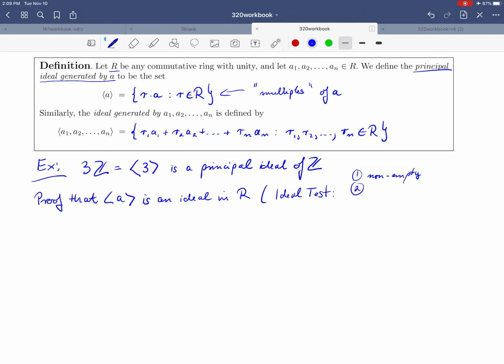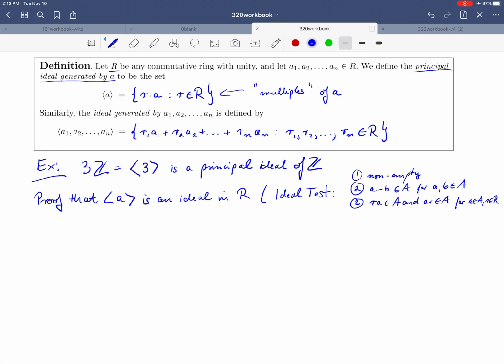The second one was that for A, B in the ideal, A minus B is in the ideal. And then the third one was this absorption property that RA is in the ideal and AR is in the ideal whenever A is in the ideal and R is in R. So those are the things that we need to show.